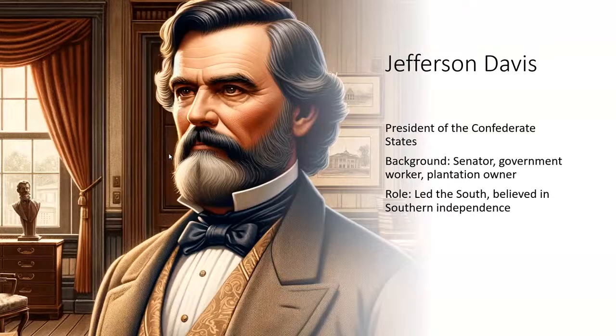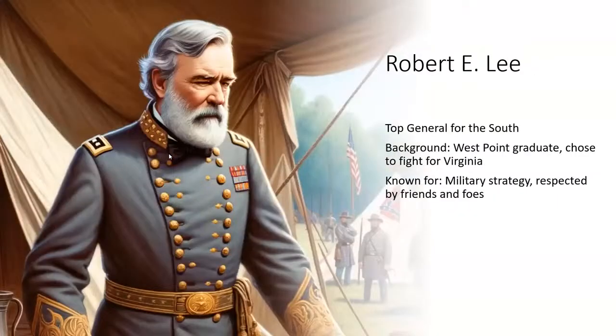He was a government worker, plantation owner. Yes, he had some credentials, but the real leader, the better leader, for lack of a better word, was Robert E. Lee. Now, this could be debated on many fronts, but history proved that Lee's military prowess was top-notch.